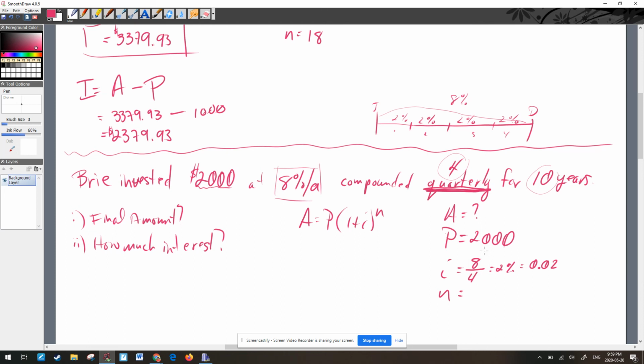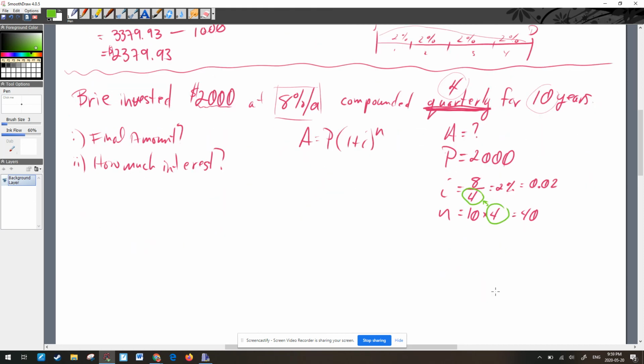So the easy way we can always do it is it's going to be the number of years times the number of compounding periods per year, 4, which is 40. Now, I want to point out to you, the number that we divide by here is always the same number that we multiply by here, always, okay? Always going to be the same, okay?